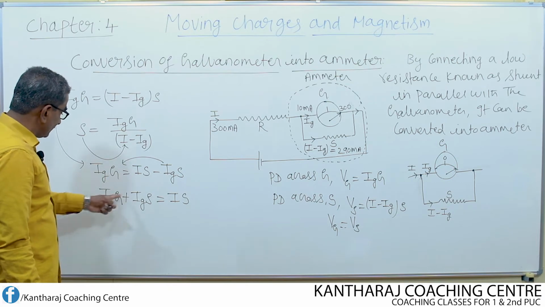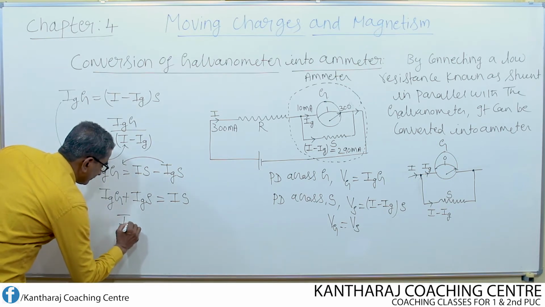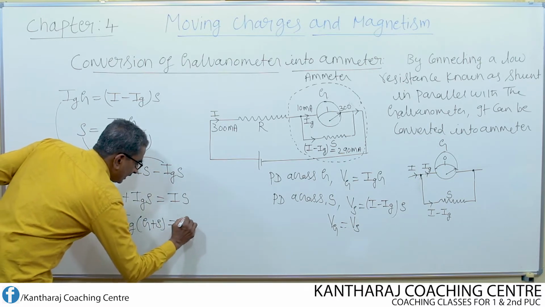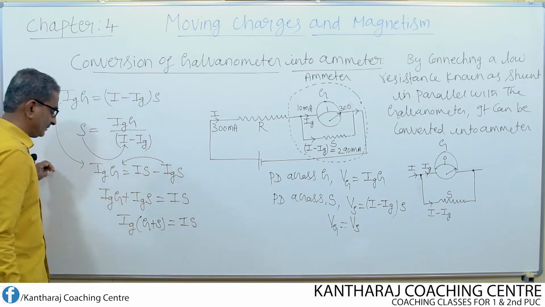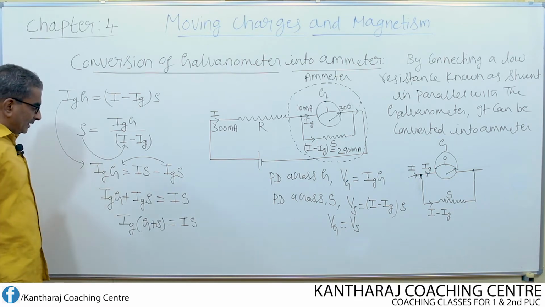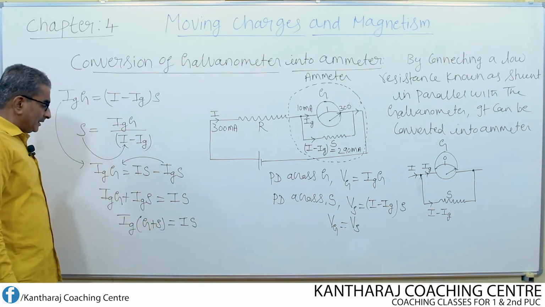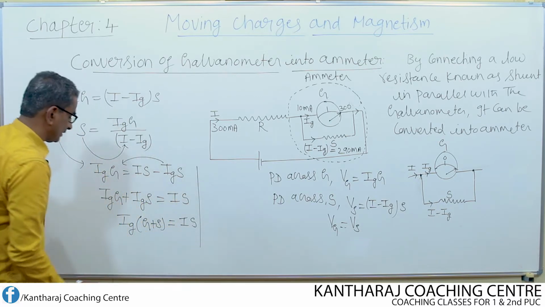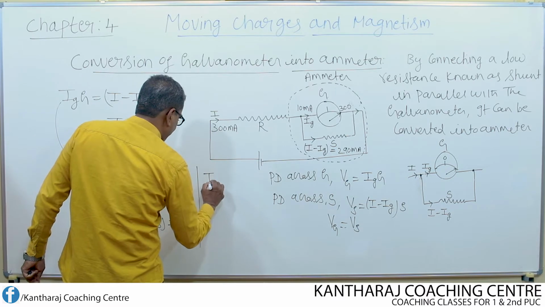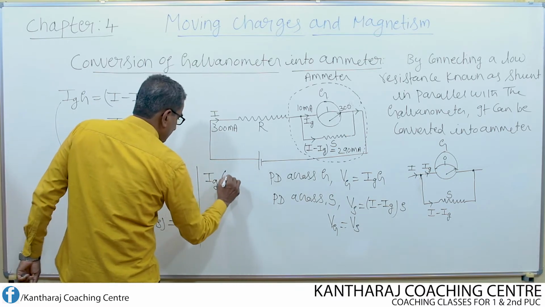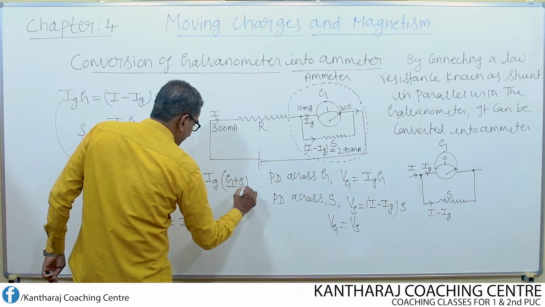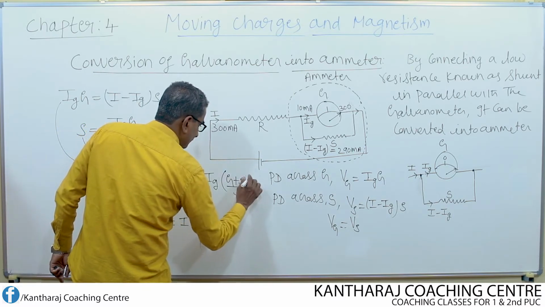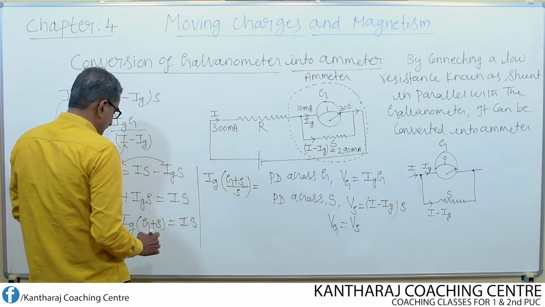Now what is common here? Ig. Ig into G plus S, which is equal to I into S. Then here if I further cross multiply this, what do I get now? Ig into G plus S divided by S, I bring this to left hand side, then this becomes equal to I.